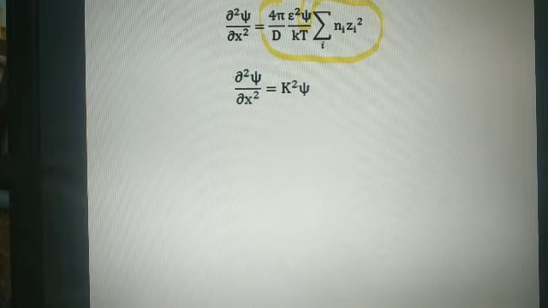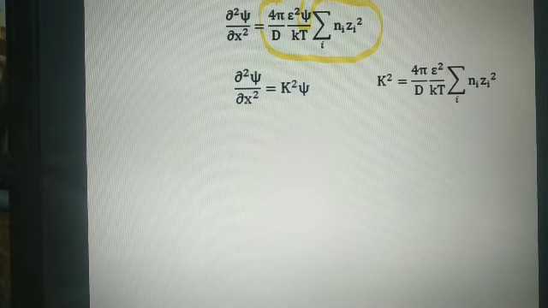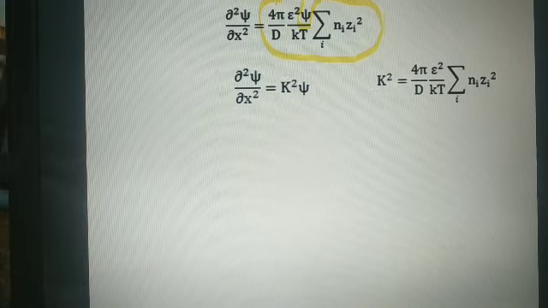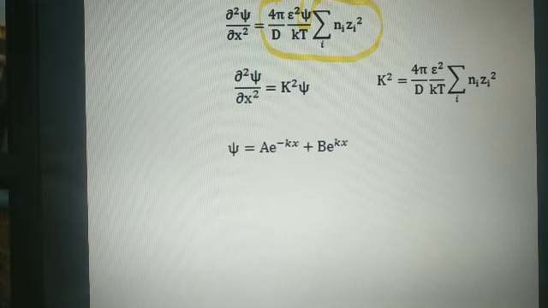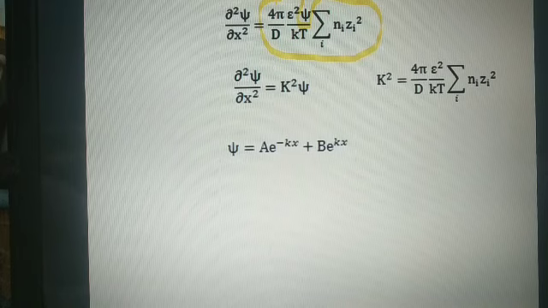So how is k square defined? K square is defined as 4 pi epsilon square upon dkt, sigma ni zi square. So now this Poisson equation is simple. We can solve it, and the solution of the equation is given as psi is equal to a into e raised power minus kx plus b into e raised power kx.